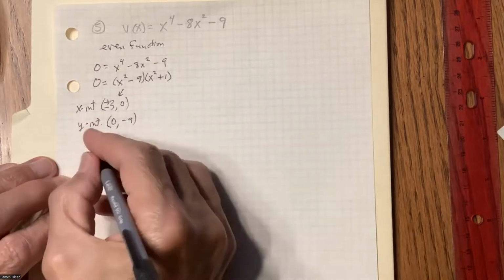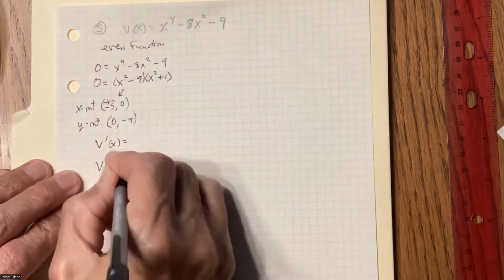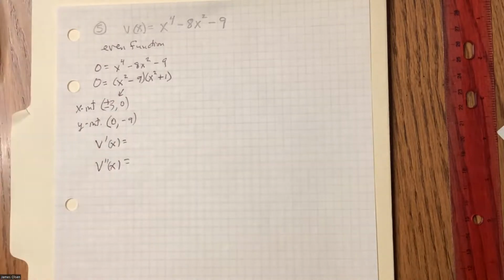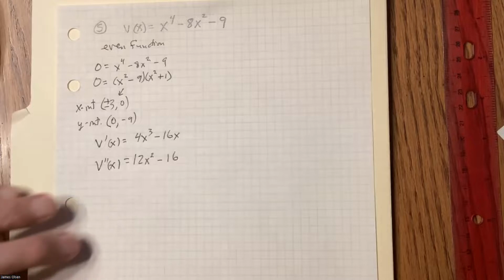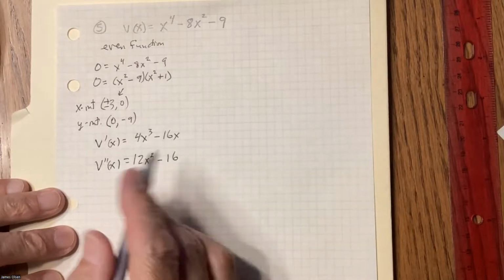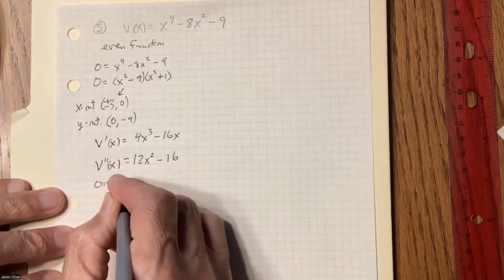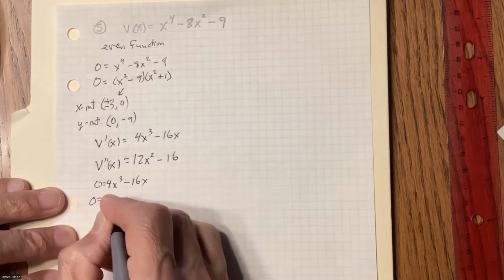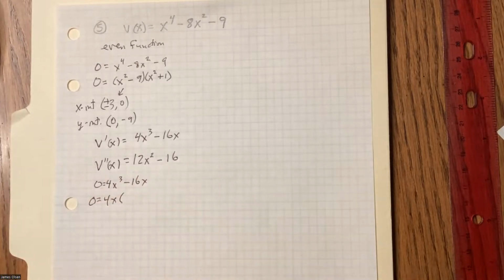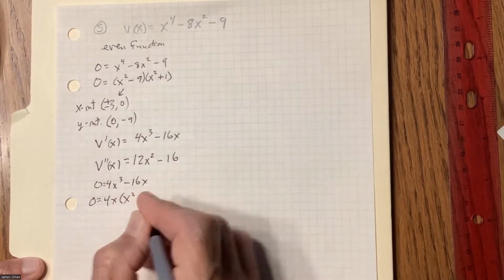Now let's calculate the derivatives. If we set the first derivative equal to 0, we can factor out a 4x, and we have 4x times the quantity x squared minus 4.